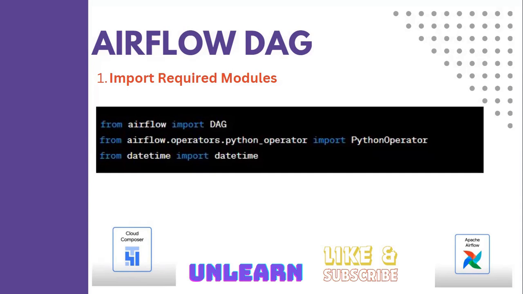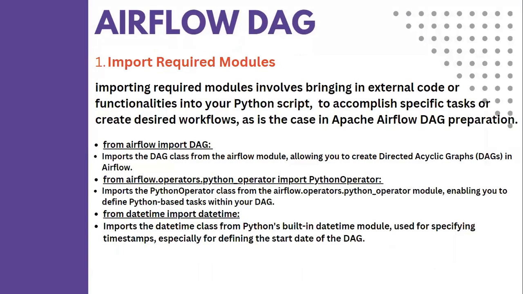There might be many things. According to the requirement of your workflow, you need to import certain operators which are really important to have in the DAG file. Once this section is finished, we go on to the default argument section.